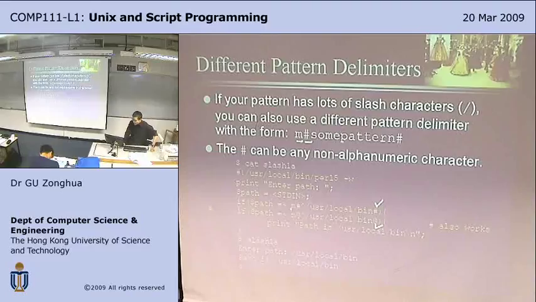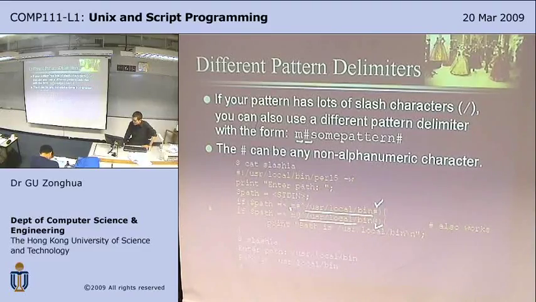So this says match any string that starts with user local bin, because you have the pound as the delimiter, not the default forward slash. You don't have to precede the forward slash with backslash to escape it anymore inside of the regular expression.